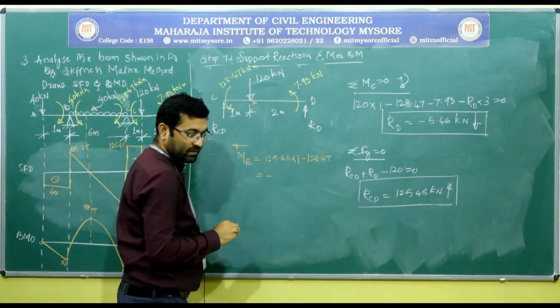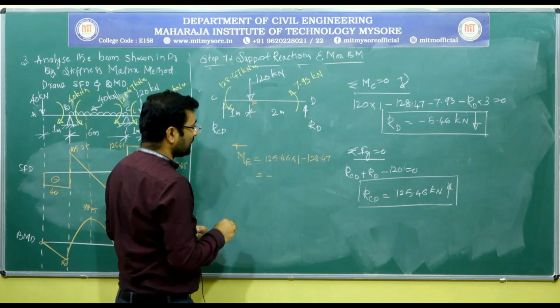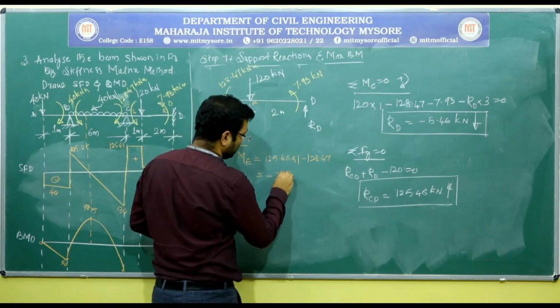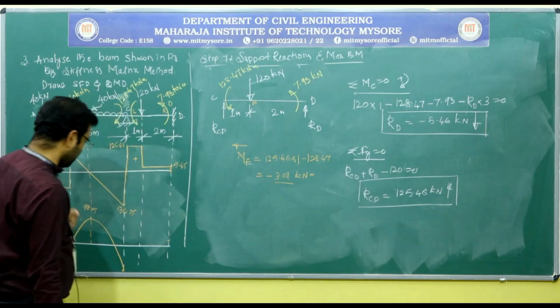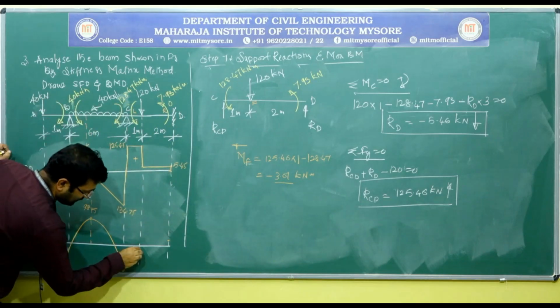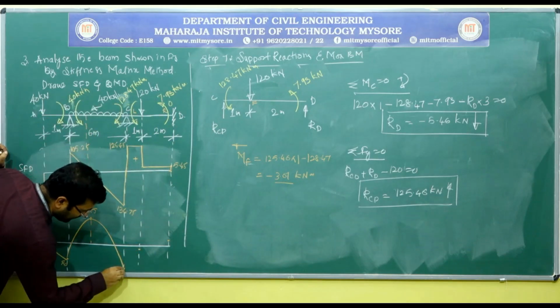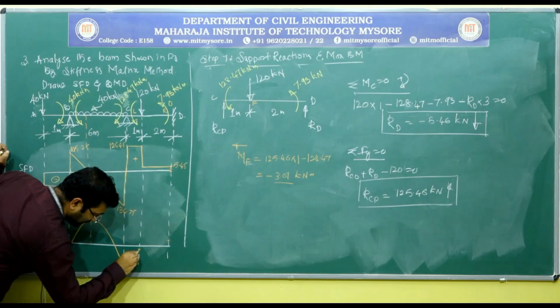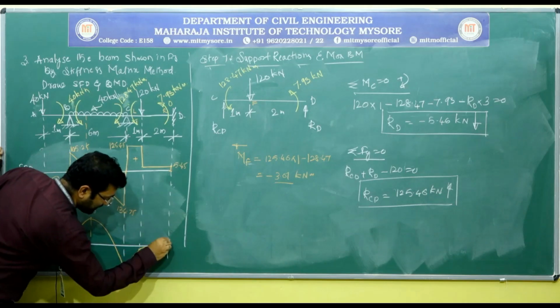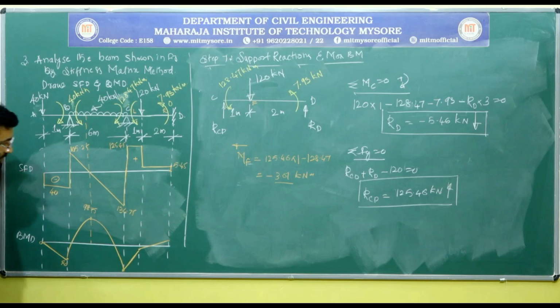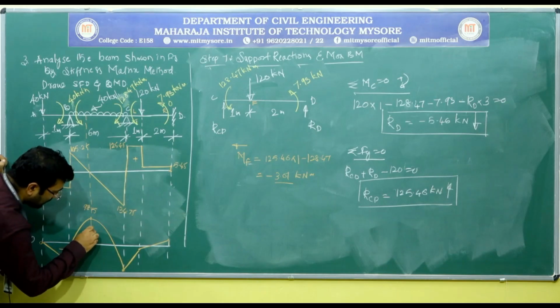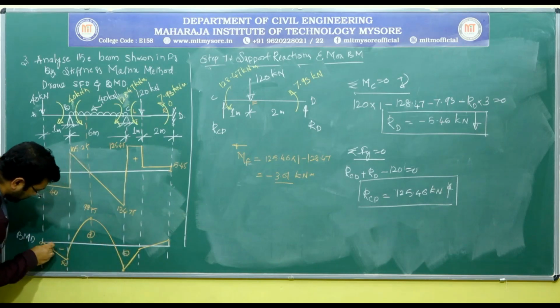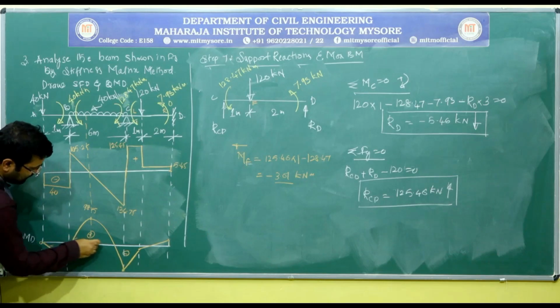This is about minus 3.01 kilonewton meter, a negative value only. It means here it is negative. So the variation will be something like this, right. So it is a little bit different variation because of the sinking. So hatch this.